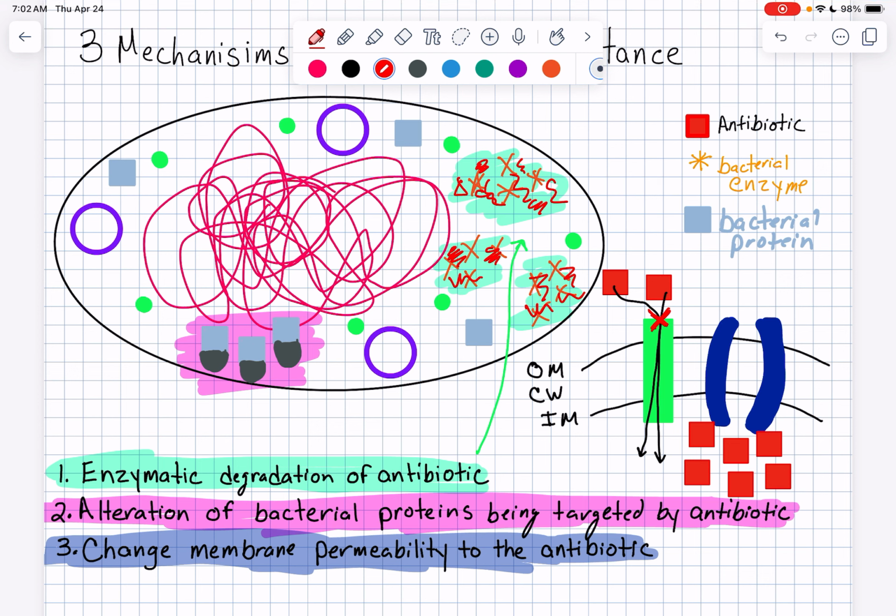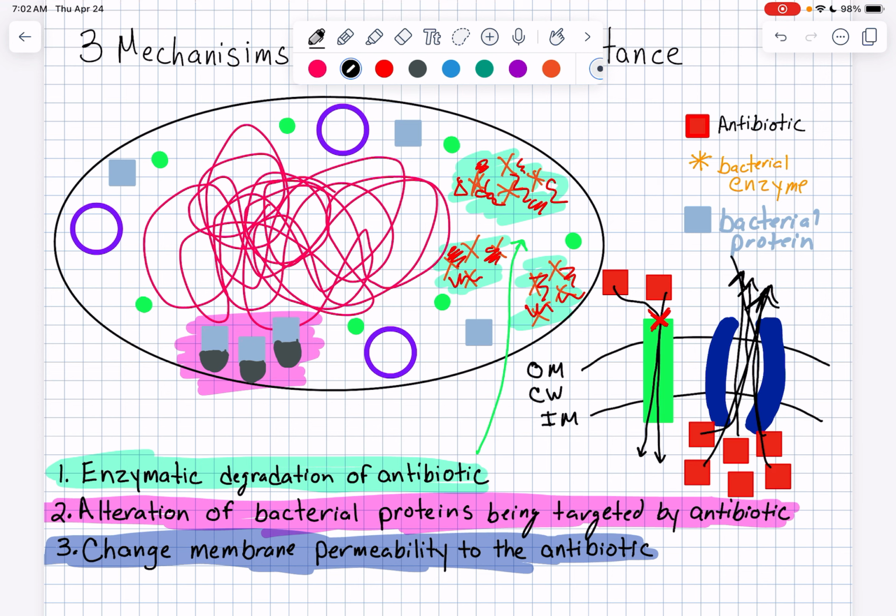Another thing it does is, once it recognizes the chemical structure of the antibiotic as something that is harming it, it will use its efflux pumps and actively pump the antibiotic out of the system.